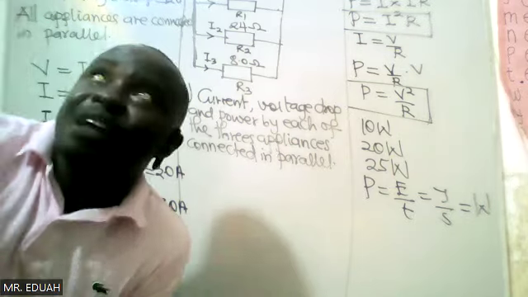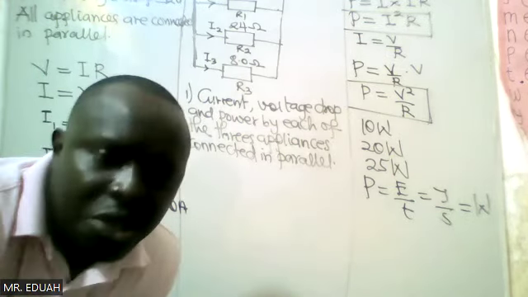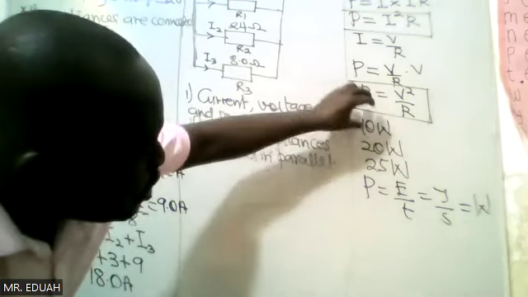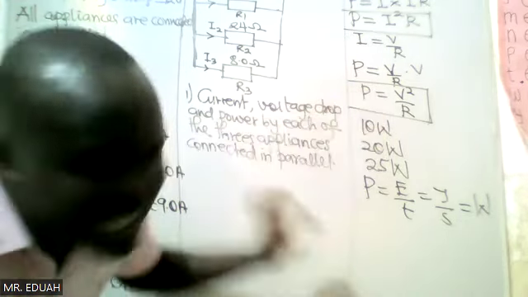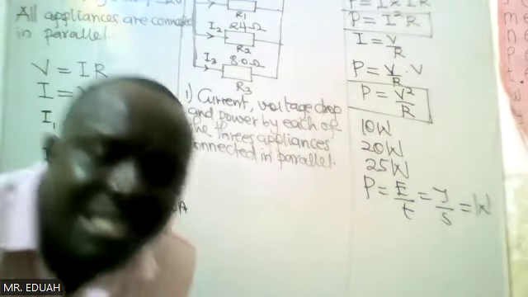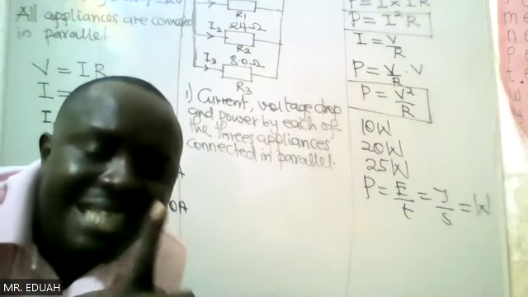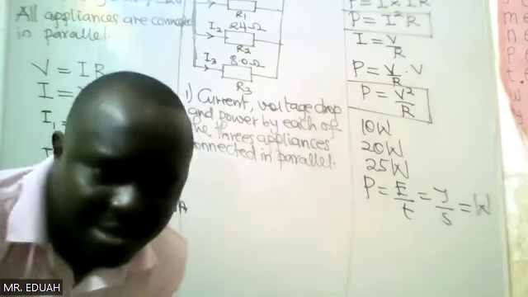The function of the bulb is to convert electrical energy to light energy. So if I pick a bulb whose power rating is 10 watts, it means this bulb would convert 10 joules of electrical energy to light energy every second.